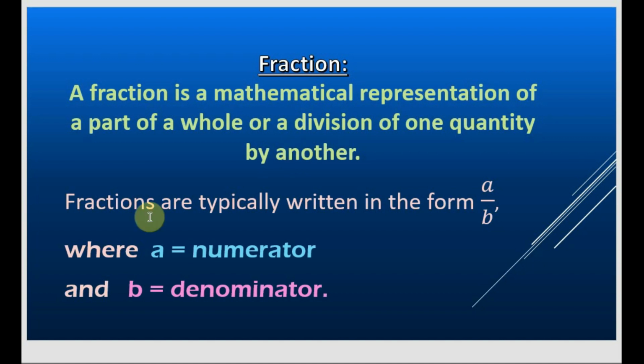A fraction can typically be written by representing each number. Say we have A to represent a number, let's say 2, and B is assigned a number, let's say 5.